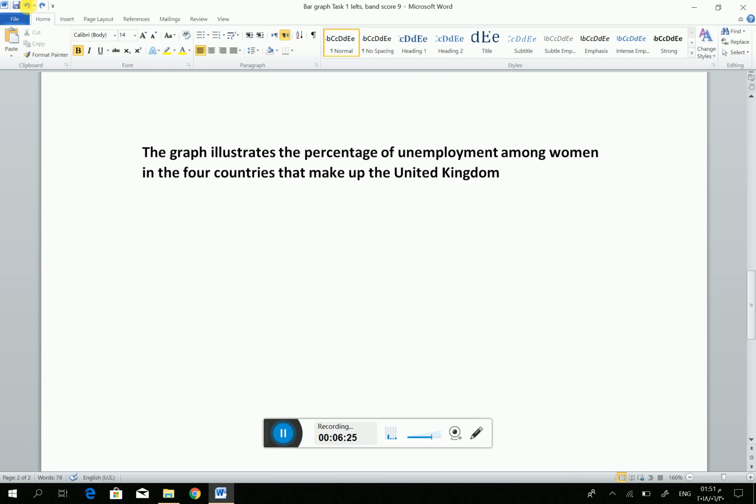But you can use another academic technique like this: open the brackets and write the four countries: England, Wales, Scotland, and Northern Ireland. That's okay. So you can use brackets as an academic technique to show or display your data. Again, the graph illustrates, instead of shows, the percentage of unemployment, percentage instead of rates.